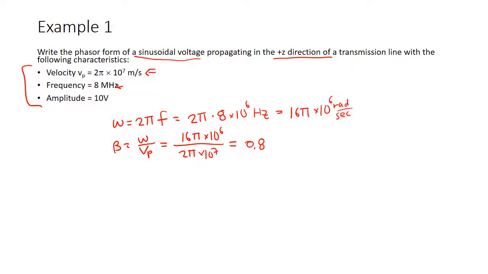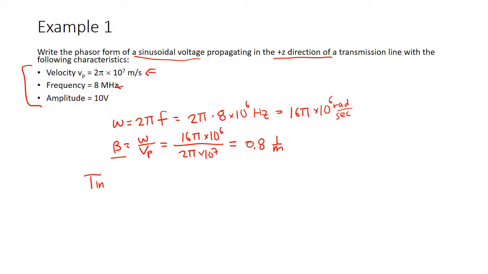Now remember, beta is multiplied by z, and the things inside the sinusoid should be unitless, so this beta coefficient should have a unit of 1 over length, so 1 over meters in this case.